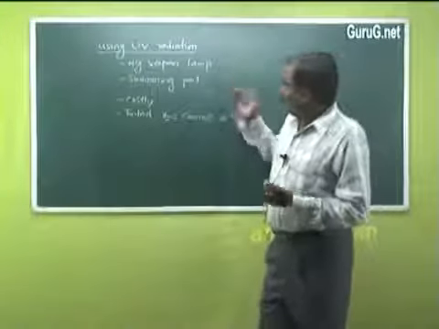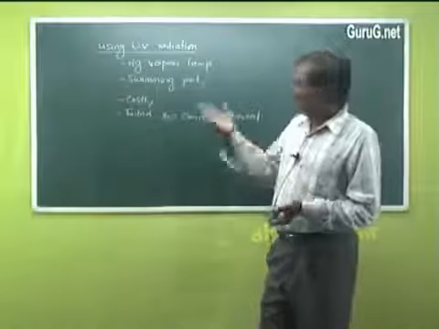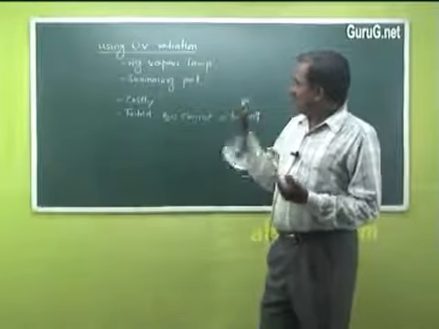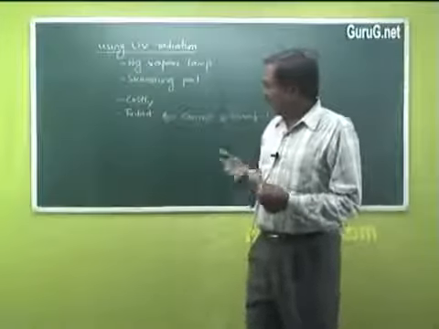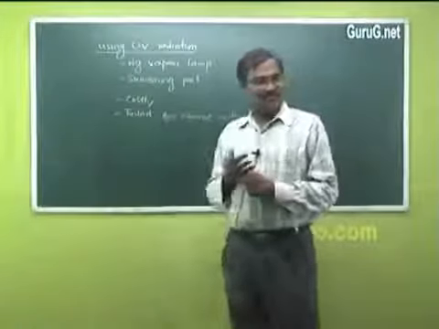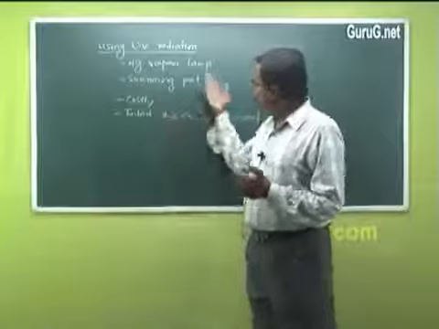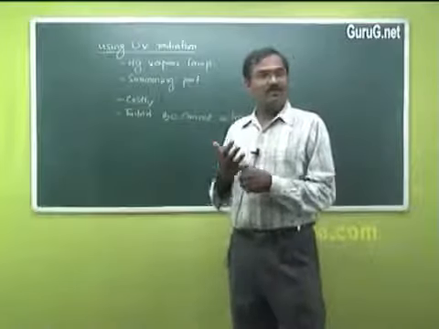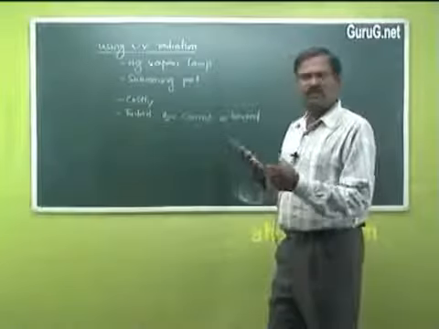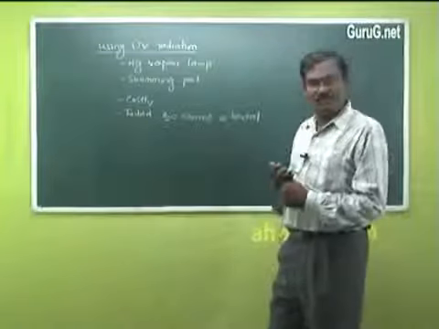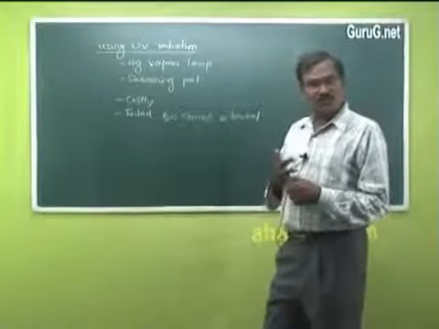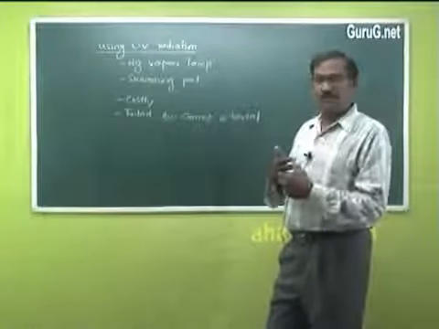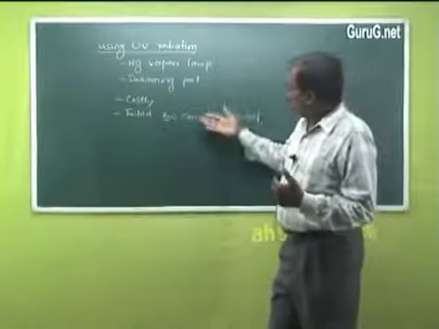Since it involves electricity, because to get the mercury vapor lamp to glow we need electric energy, it is costly and thereby it is not used for domestic water supply. That is, for municipal water supply this cannot be used. And if water is turbid, it cannot be used, because turbid water undergoes various undesirable changes with UV radiations.